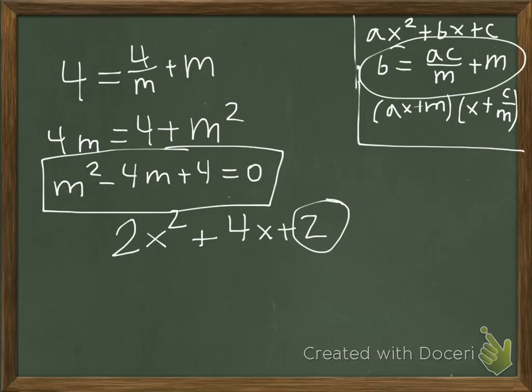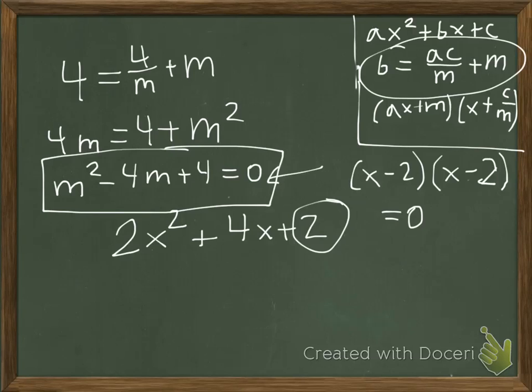So we know how to factor quadratics like this. We need to find two numbers that multiply to 4 and add to negative 4. So that would be m minus 2 times m minus 2, since negative 2 plus negative 2 equals negative 4, and negative 2 times negative 2 is equal to 4. So m minus 2 times m minus 2 is equal to 0.